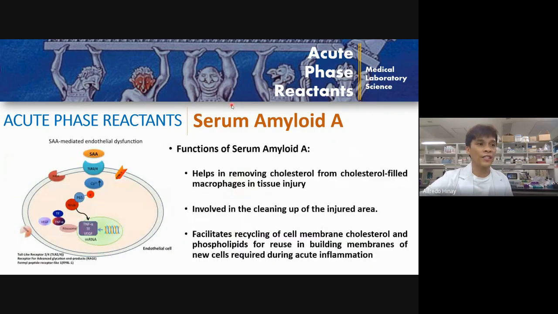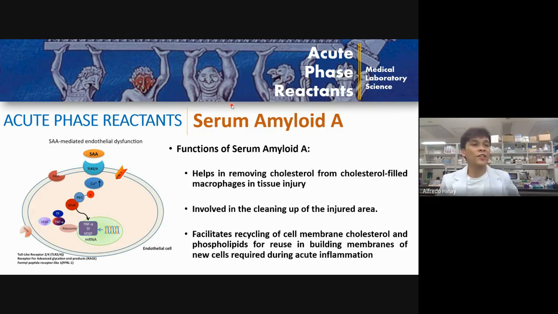So for the function of your serum amyloid A, I will try to discuss slightly the correlation of the two. It helps in removing cholesterol from cholesterol-filled macrophages and tissue injury, and is involved in the cleaning up of the injured areas. It facilitates recycling of your cell membrane cholesterol and phospholipids for reuse in building membranes of new cells required during acute inflammation.